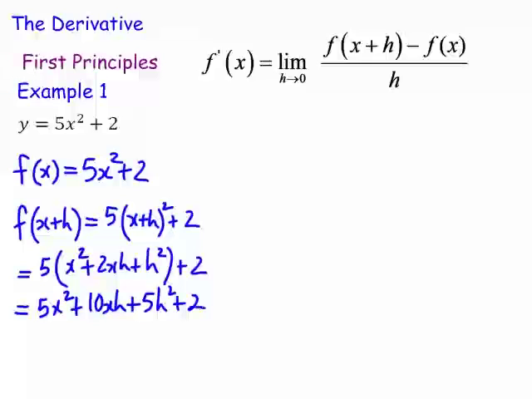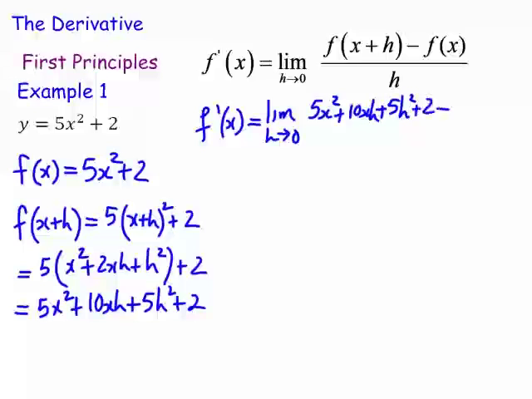Now what we have to do is put that into the definition. So we say this becomes f prime of x, or the derivative of the function, is the limit as h tends to 0. Now we have to put all this in. So f of x plus h is that long expression, 5x squared plus 10xh plus 5h squared plus 2. And then we have to subtract off f of x. Now f of x was just 5x squared plus 2.